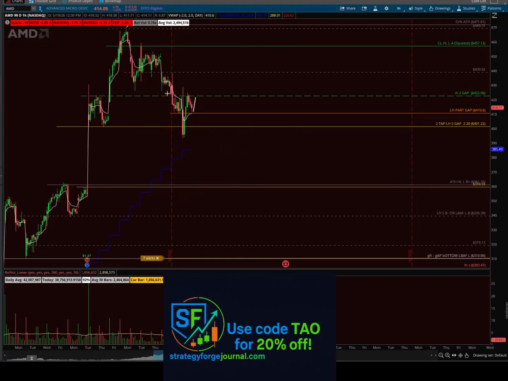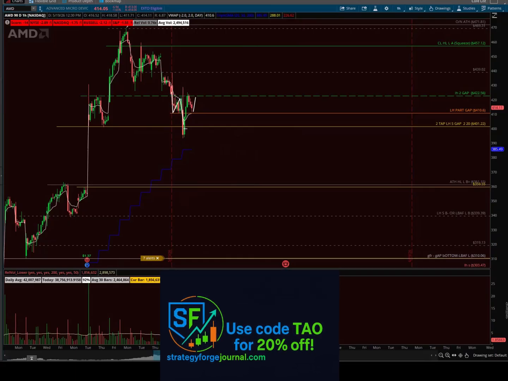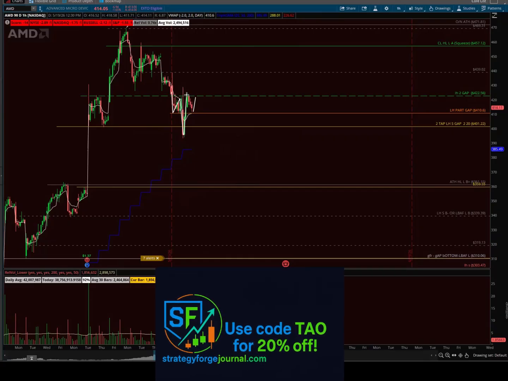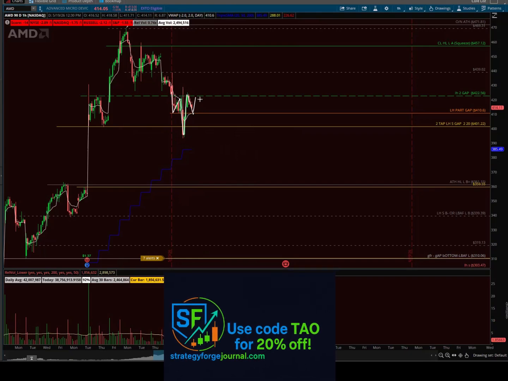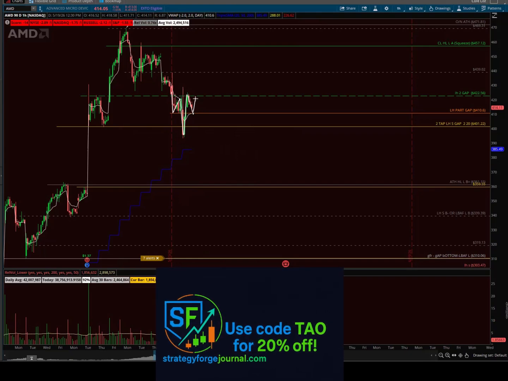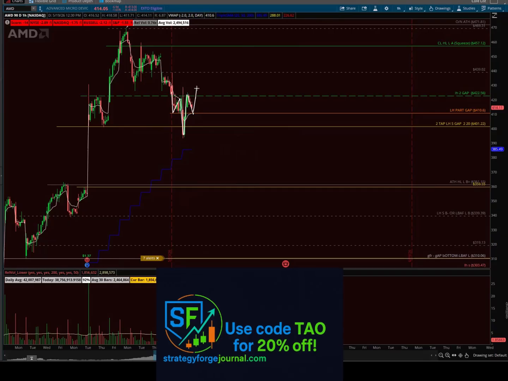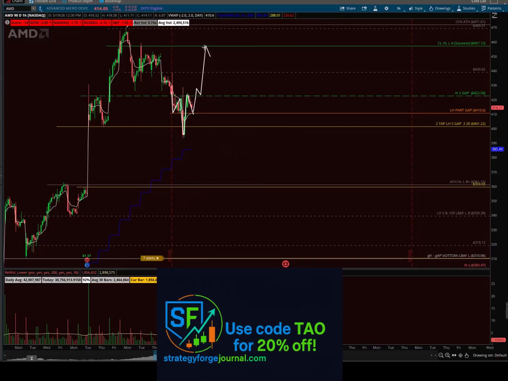If so, and you can see that we've already kind of gotten an inverted head and shoulders playing out right here. So if this is the higher low on the daily chart, I could definitely see it. We've already got an hourly reversal pattern going. The neckline is 422.50. So at this point, if we can get a higher low above 422.50, I would think that brings us back up to the upside.